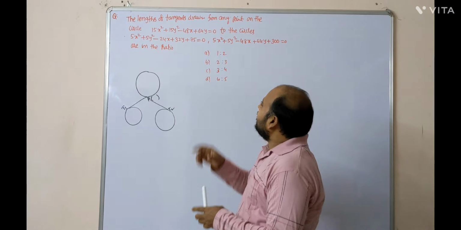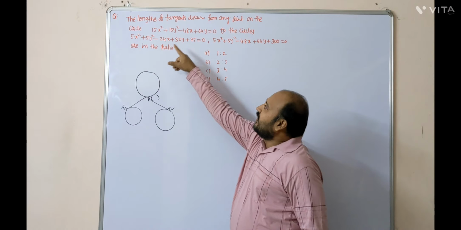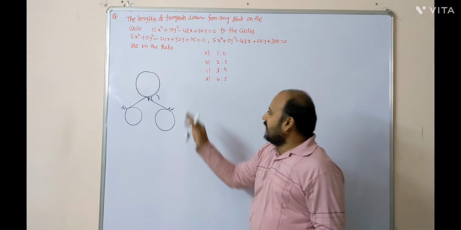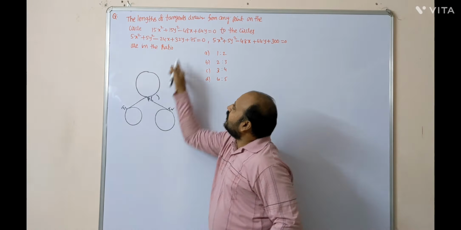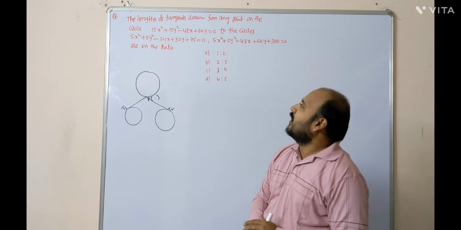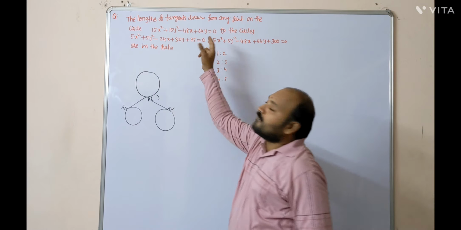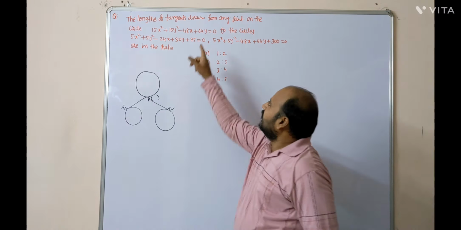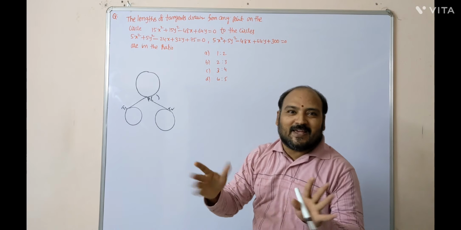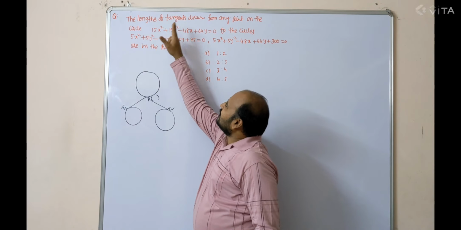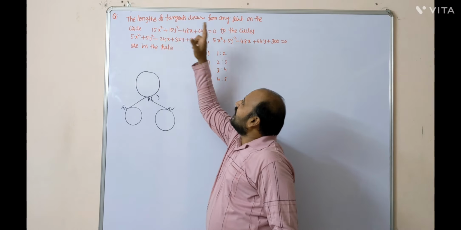Dear students, remember this is the big circle now. Whenever big values are given like this, a little logic will apply. So what is the logic behind this? In the first equation of the circle, the constant term is not there: 15x square plus 15y square minus 48x plus 64y.